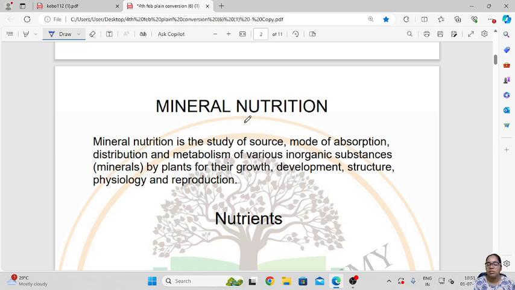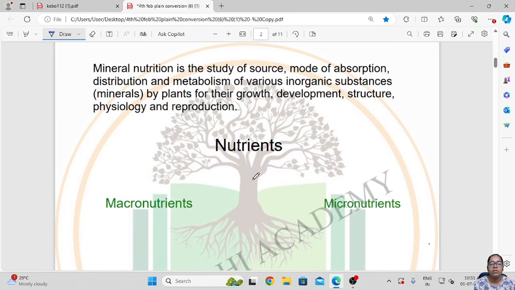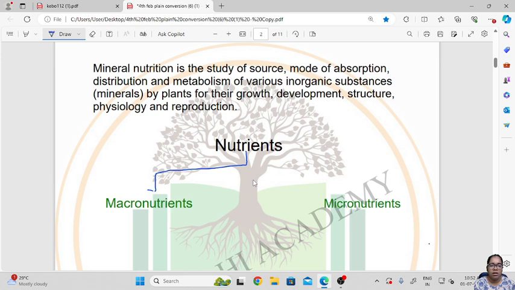So let us start. Nutrients. We all know nutrients are essential components which are required by the plant for its growth, development and reproduction. Nutrients are of two types, that is macronutrients and micronutrients.